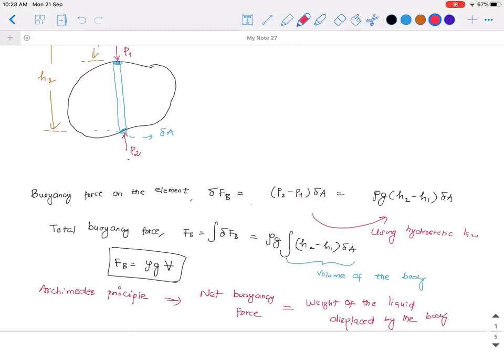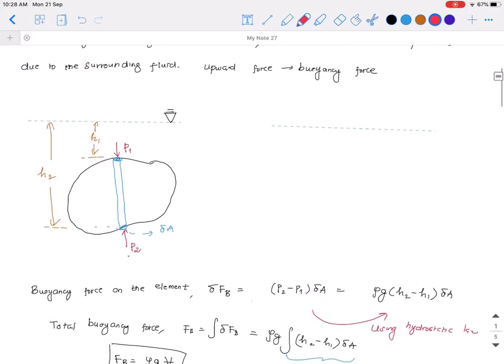The left hand side is the buoyancy force, the right hand side is rho g times volume, which is the weight of the liquid displaced by the body.